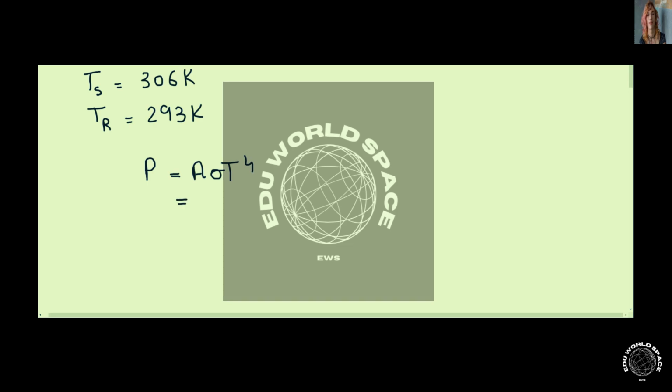Now it's given that the area of a human is 1.4 meters squared, so we're going to go ahead and substitute that in. The Stefan-Boltzmann constant in SI units is 5.67 times 10 to the negative 8, and the temperature of the surface of the skin is given as 306 Kelvin, and we're going to raise it to the fourth power.